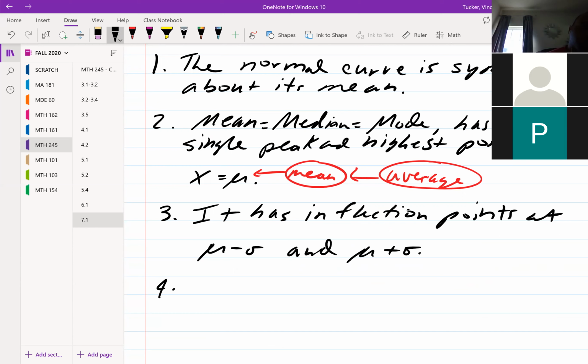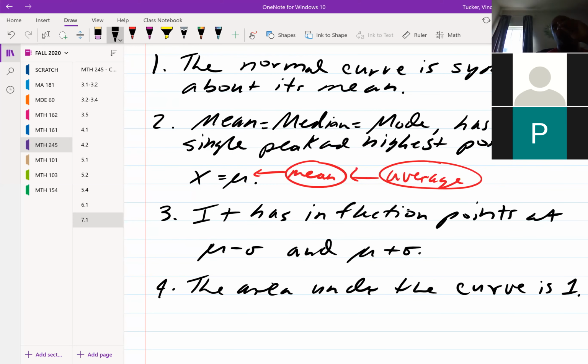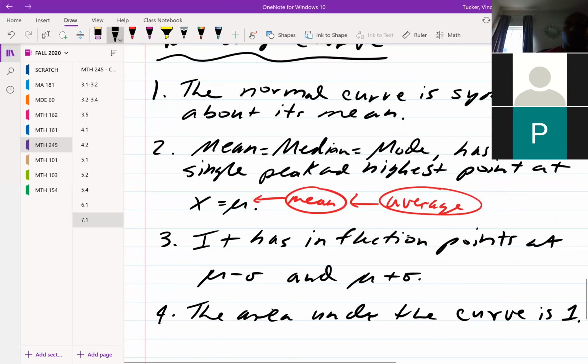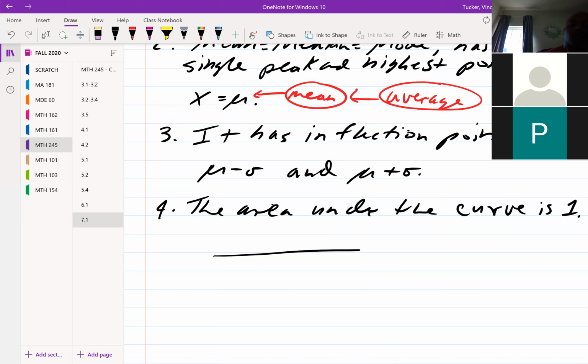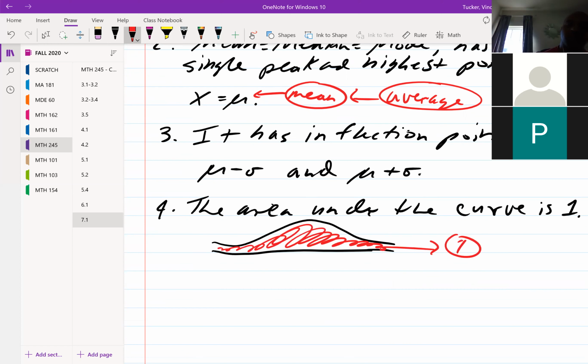All right. Area under the curve is 1. So when you look at our normal curve, everything under here, when you add it all together, all that is equal to 1.